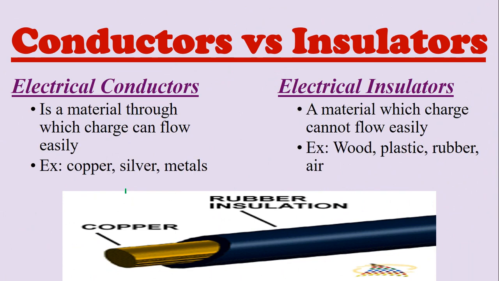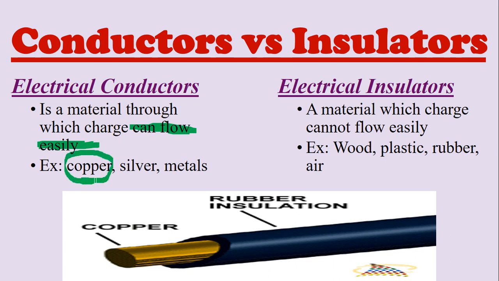Now, when we talk about current and wiring and stuff, you have electrical conductors and electrical insulators. A conductor is a material in which charges can flow easily. You're looking at your metals here, like some of the better ones are copper and silver. Mainly copper.